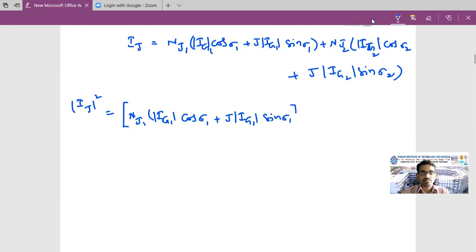So with this, we'll write both the equations and then we'll take the whole square, right?